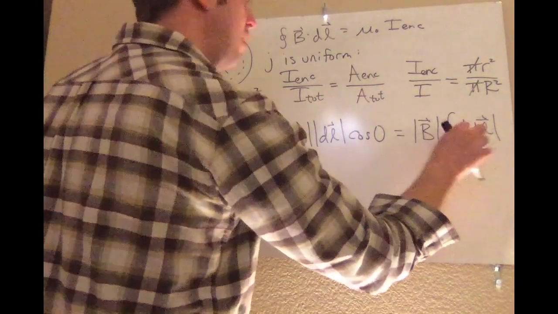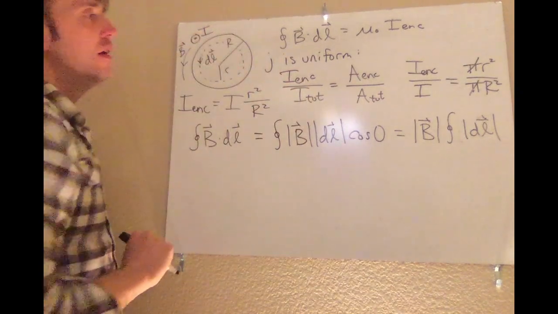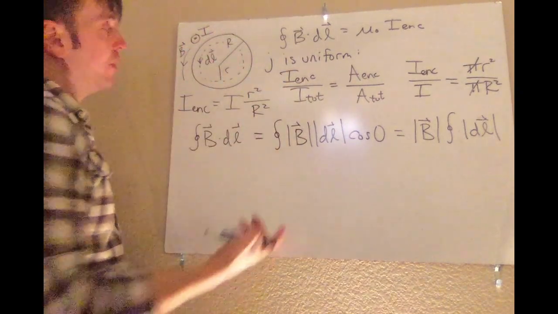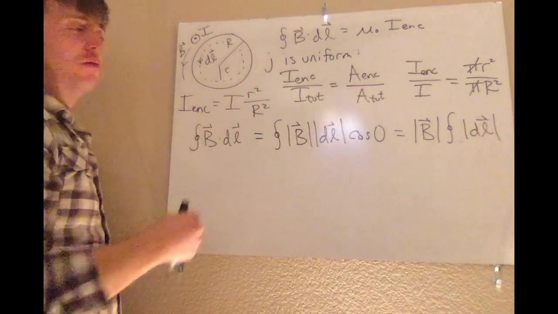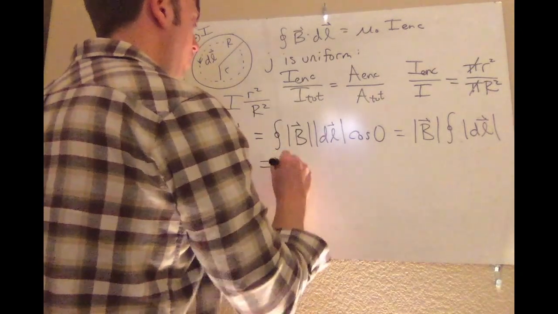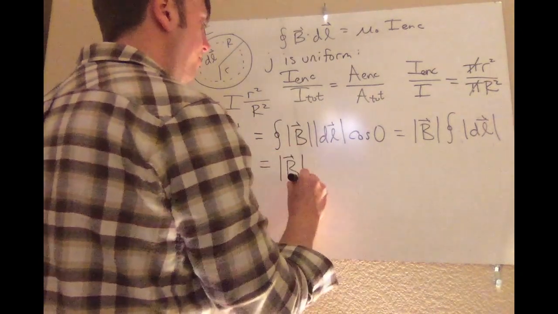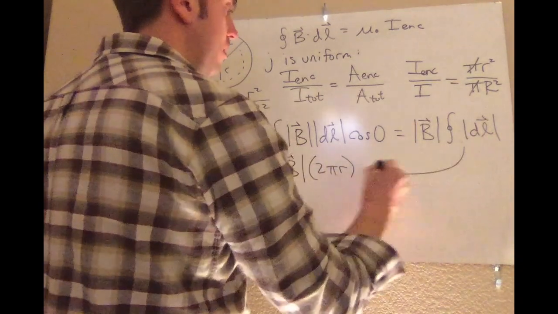So this is just saying to add up all the little distances along the path until we've covered the whole thing. Well, this path is a circle, so the total distance around the circle is 2 pi r, the circumference. So we have magnitude B, and then we have 2 pi r. That's how this works.